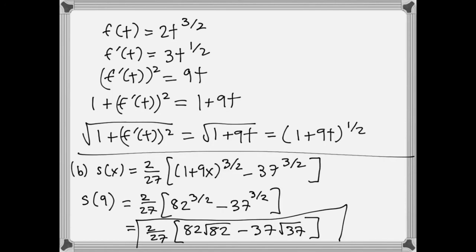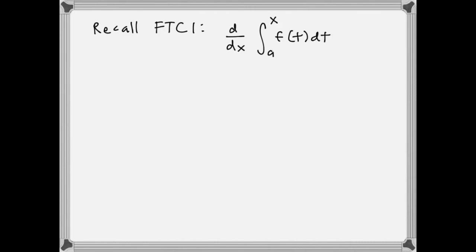The last thing I want to talk about is some useful notation. So I want you to recall from Calc 1, the fundamental theorem of calculus, part 1. It says that the derivative of the area so far function, that's what I call it, right?